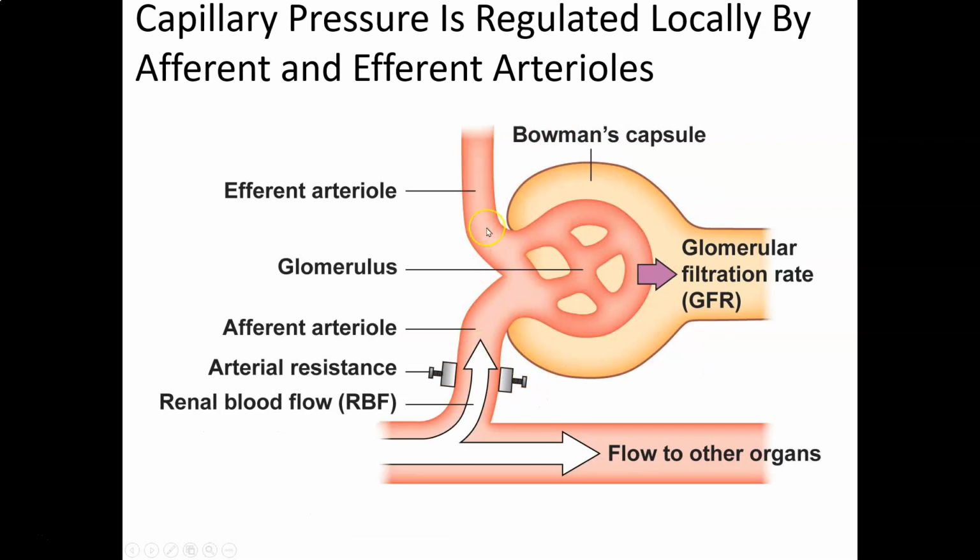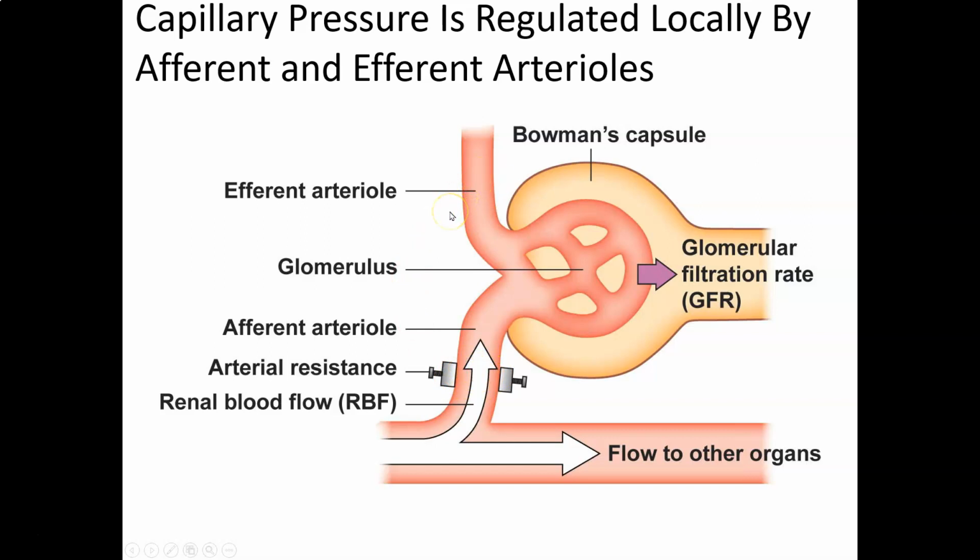So I kind of explained this, but we'll look at the graphic on it. The capillary pressure is determined locally by the afferent and efferent arterioles. And again, I like this drawing because you can physically see the afferent arteriole is wider, the efferent arteriole is narrower.